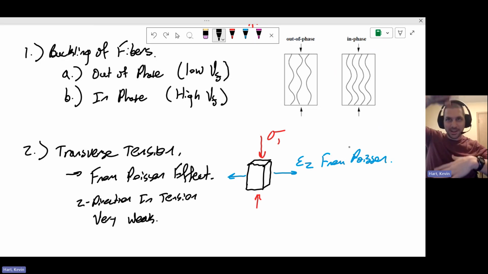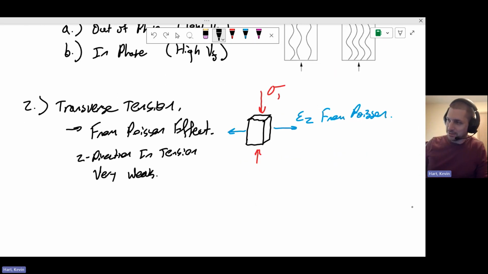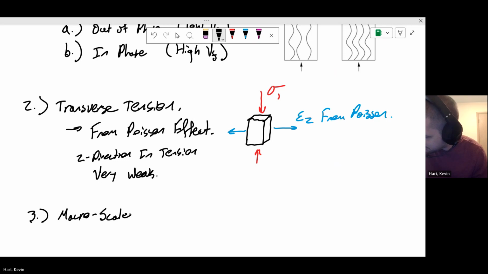You put compression in the 1 direction and it fails by transverse tension in the 2 direction. That's an interesting phenomenon, but it definitely happens because composites are so weak in the 2 direction in tension. And the last type of failure you might get is a full macro scale shear failure. So this is macro scale shear.